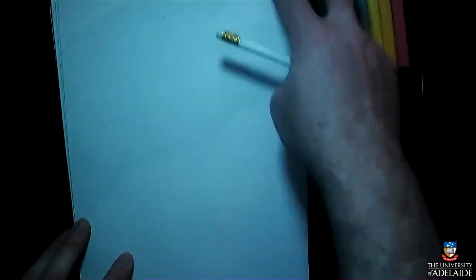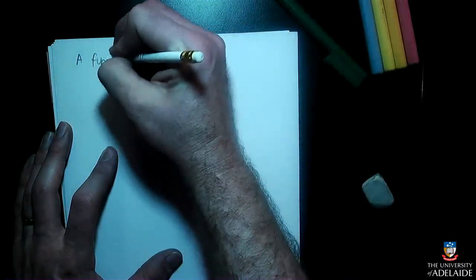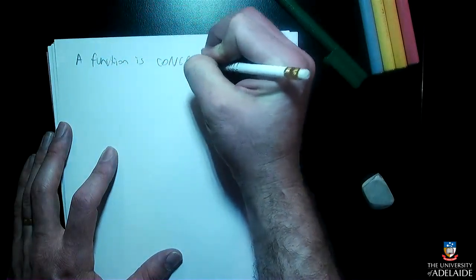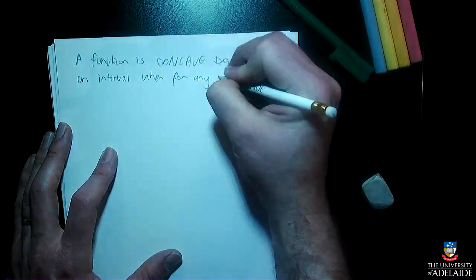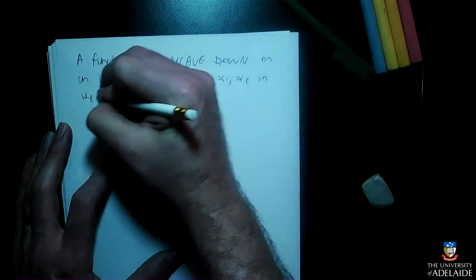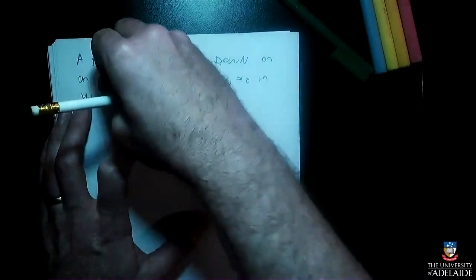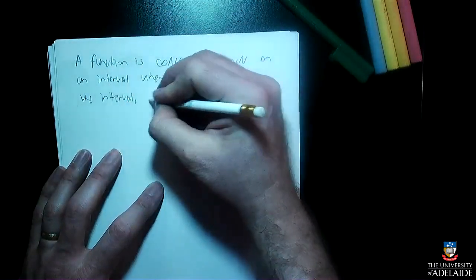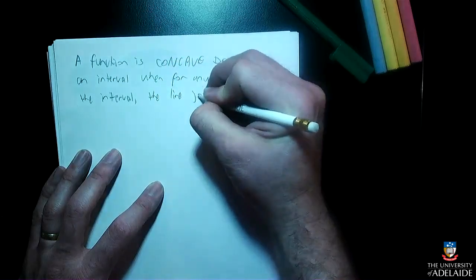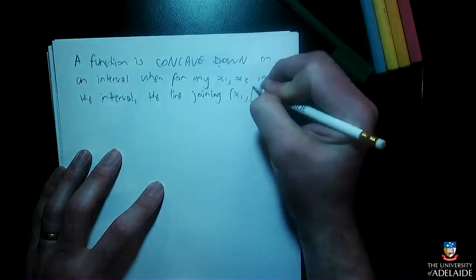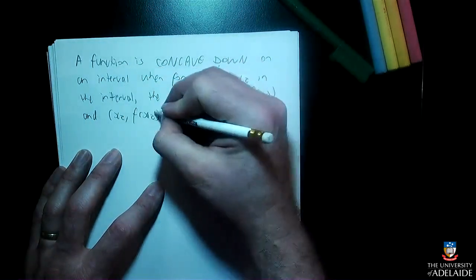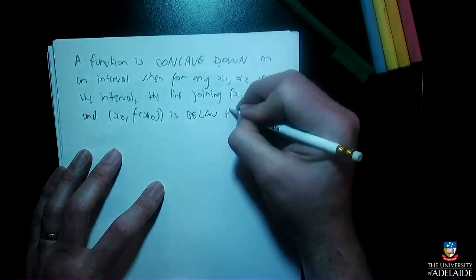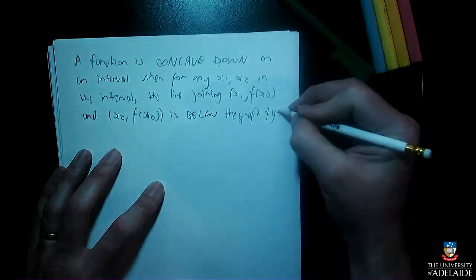So a function is concave down on an interval when, for any x1 and x2 in the interval, the line joining (x1, f of x1) and (x2, f of x2) is below the graph of y equals f of x.